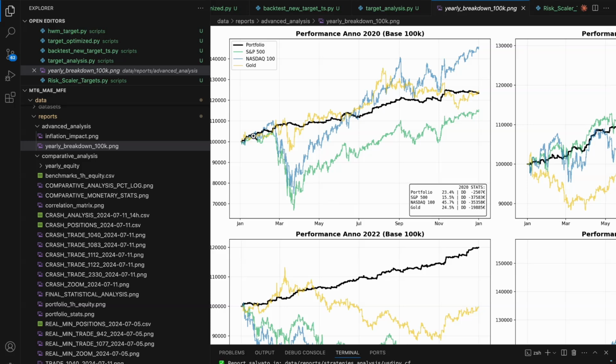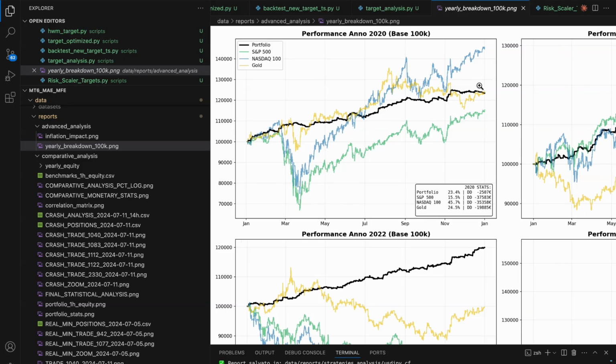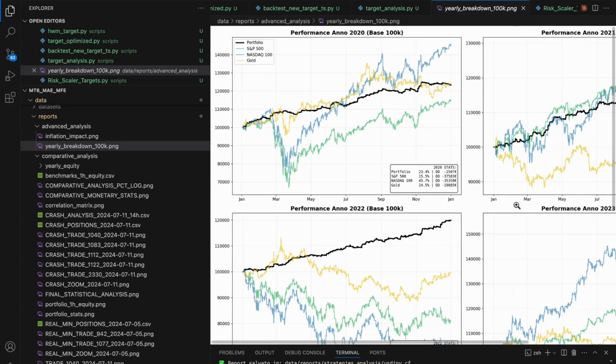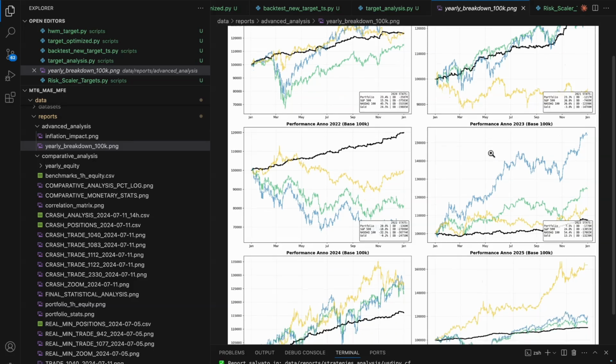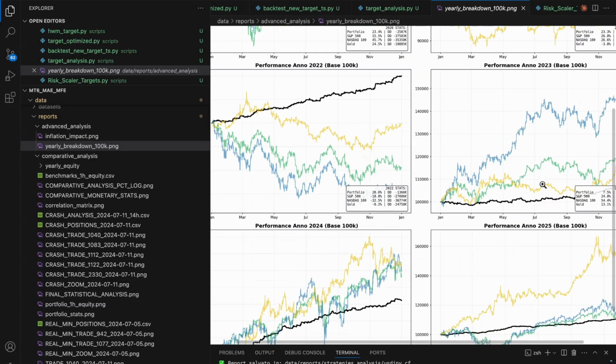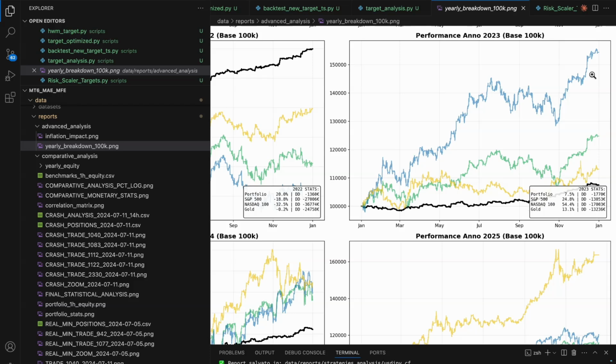In this case it performed a little less, but the drawdown here is 10 times smaller, and this is really good to see. Only in 2023 it performed very low in comparison, but here you can multiply the risk by 5 times and still have a smaller drawdown compared to the other asset.